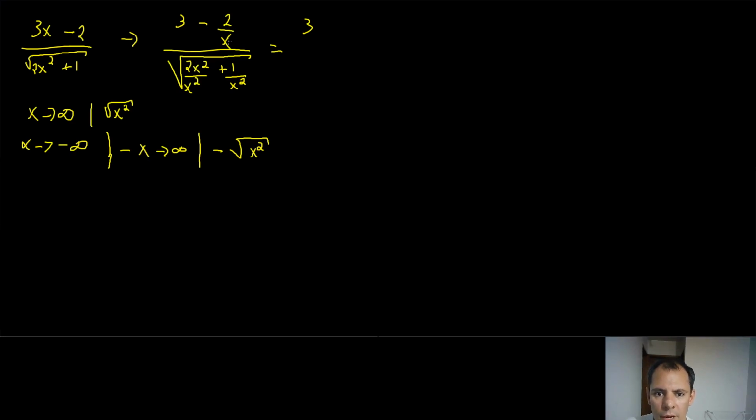So positive divided by positive is positive, and with the negative here it becomes negative. So this is going to be like 3 minus 0.000001. So the whole thing in the numerator is going to be positive. Okay, 3 minus something that approaches 0.